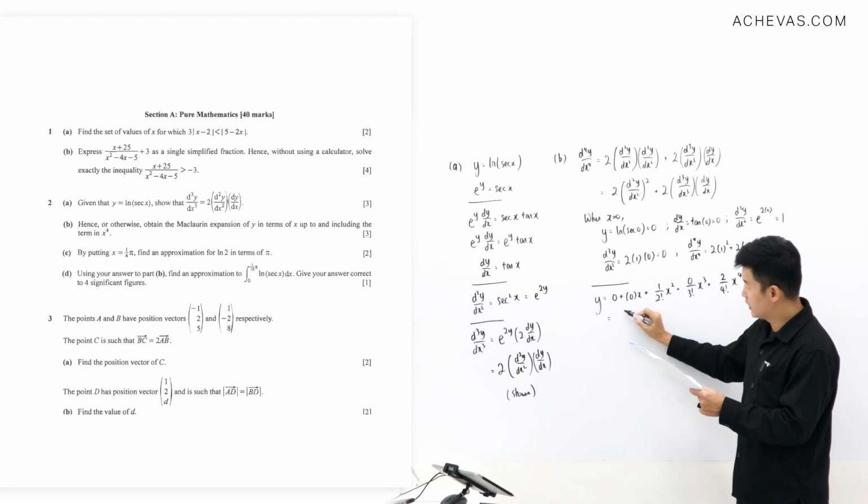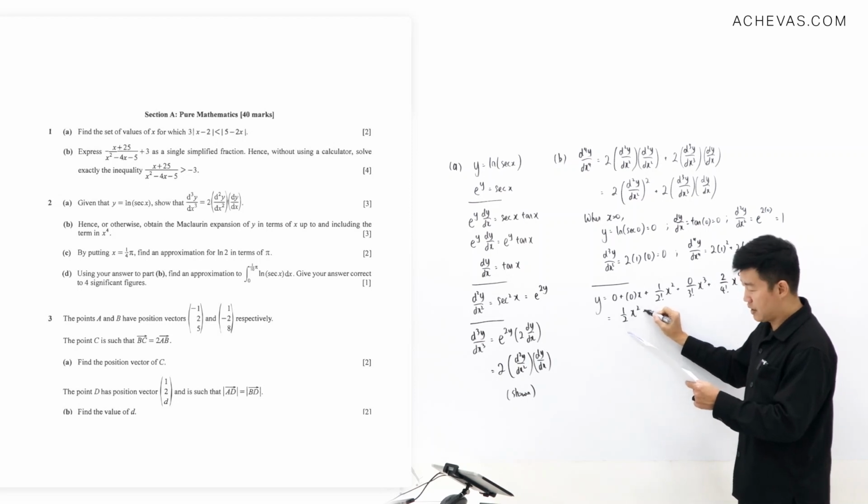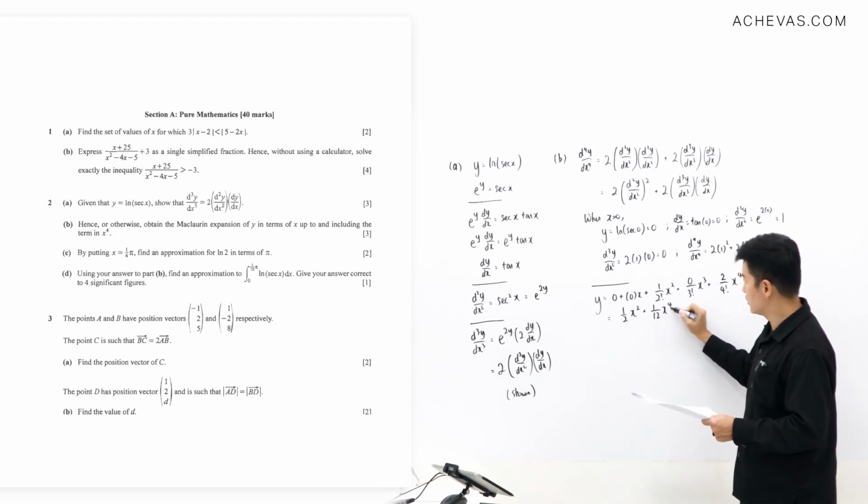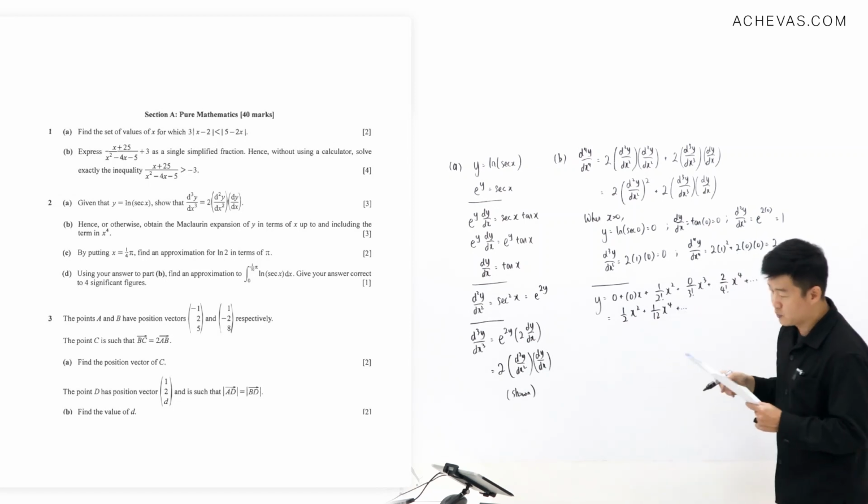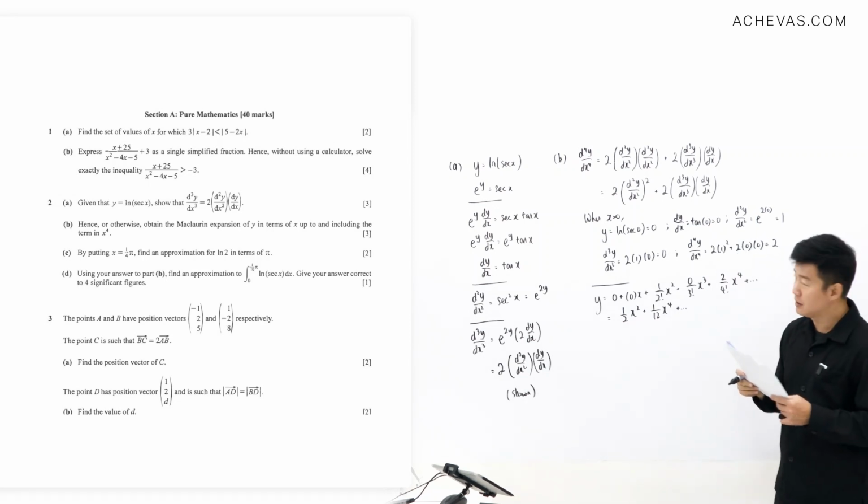So we have y to be half x squared plus 1 over 12 x to the power of 4. So this will be the Maclaurin's expansion for part B.